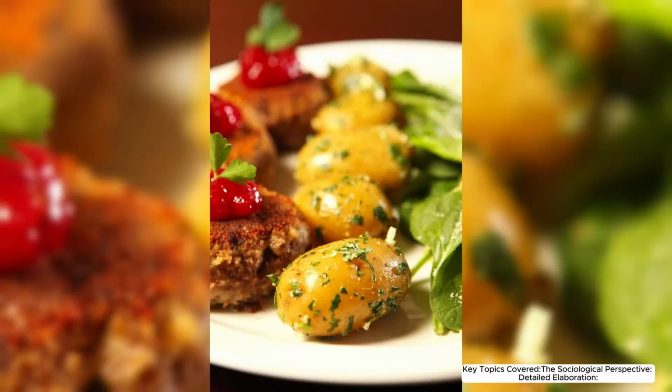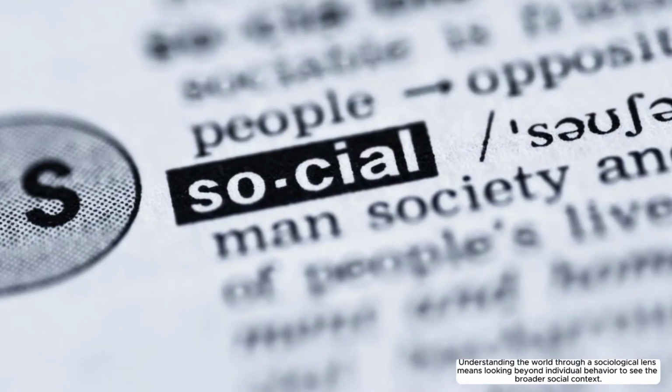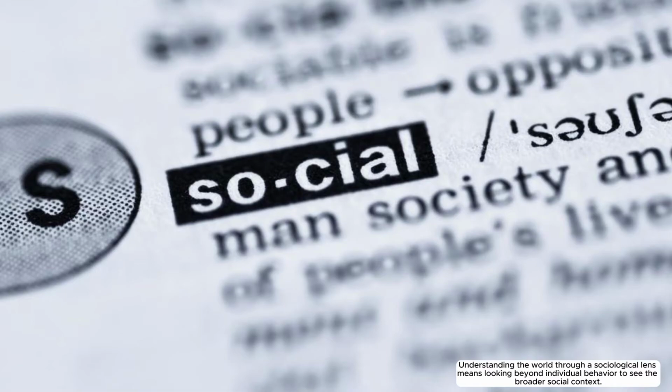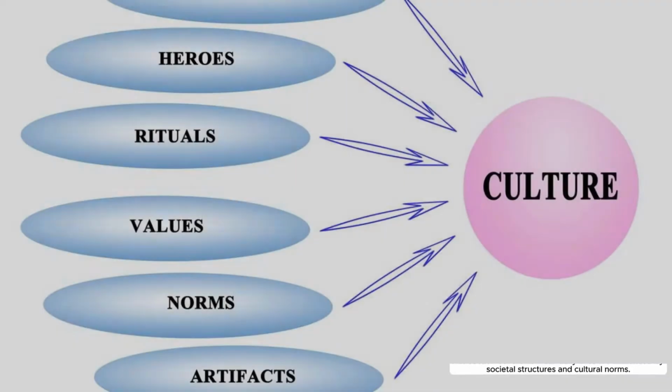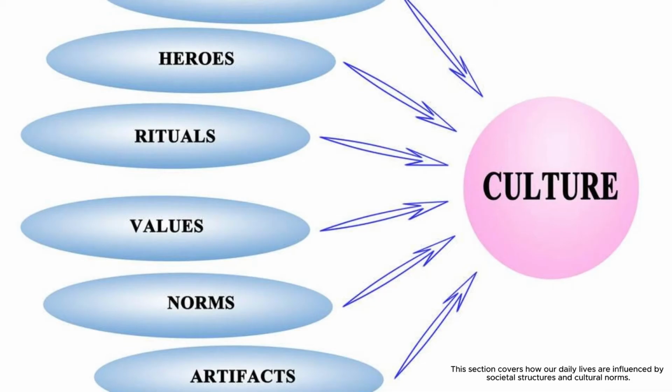Key topics covered: the sociological perspective. Understanding the world through a sociological lens means looking beyond individual behavior to see the broader social context. This section covers how our daily lives are influenced by societal structures and cultural norms.